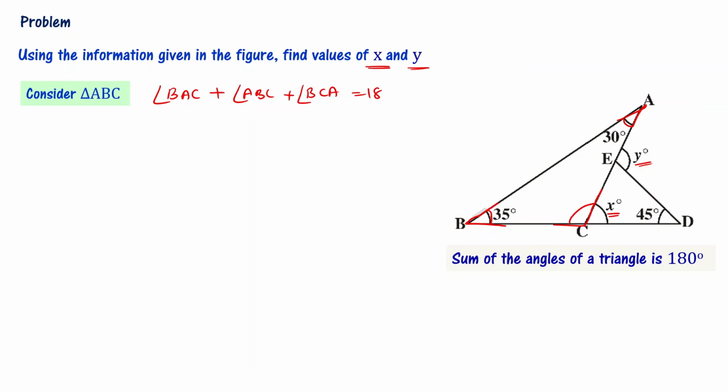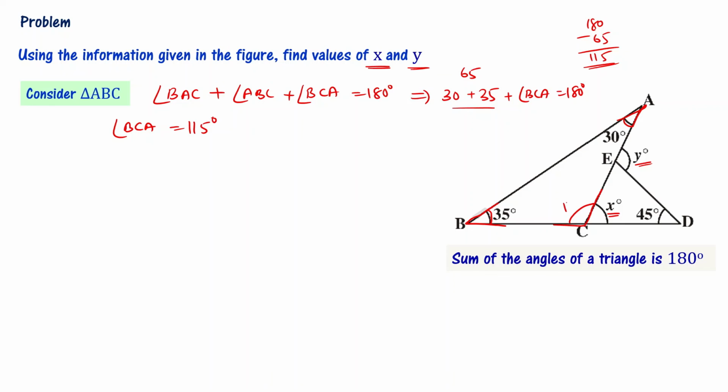Their sum is 180 degrees. It means I can write this as 30 degrees plus 35 degrees plus angle BCA equal to 180 degrees. Right? Now this is going to be 65. 180 minus 65 is going to be 115, right? Let me write that. Angle BCA equal to 115 degrees.